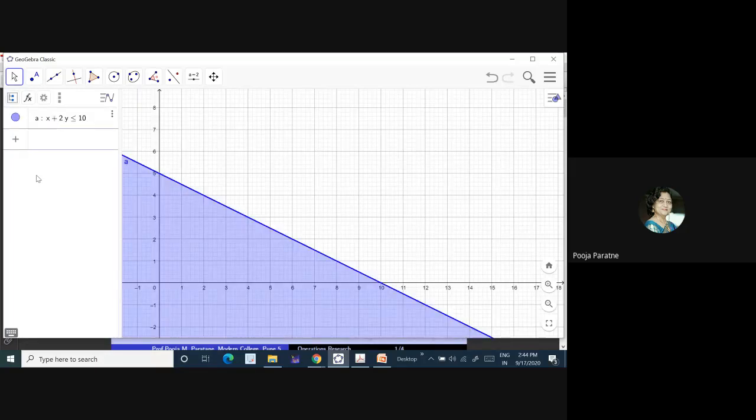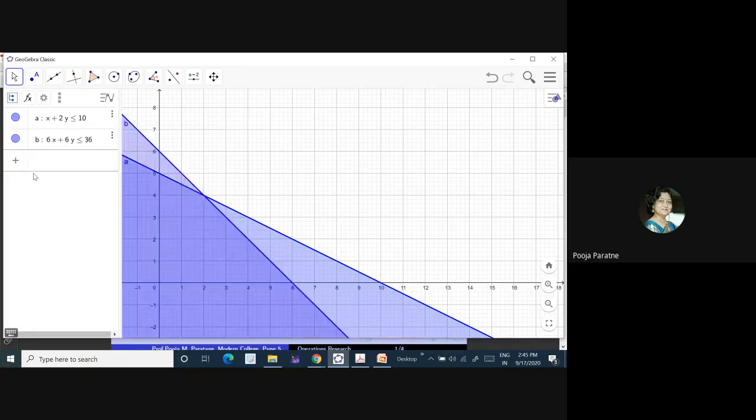So we have this line along with its feasible region. The next constraint is 6x + 6y is less than or equal to 36. You can divide throughout by 6 and draw this constraint. So here also we have drawn the second constraint.